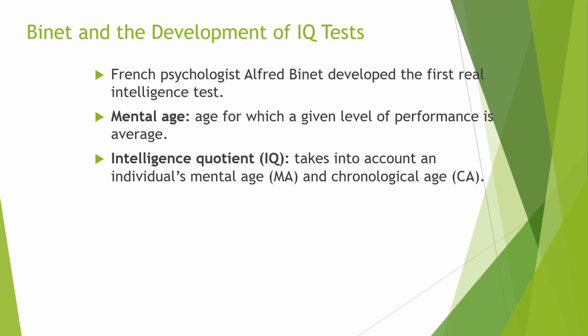The intelligence quotient takes into account your mental age and your chronological age, and it's used in an equation that looks like this: mental age divided by chronological age times 100. That will give you your IQ score. And that is what Binet actually developed. Today we call it the Stanford-Binet intelligence scale.